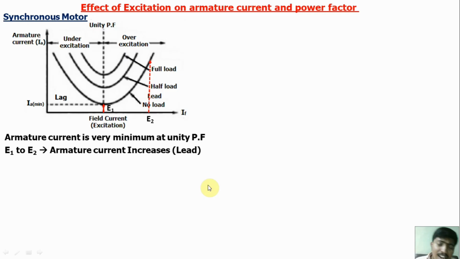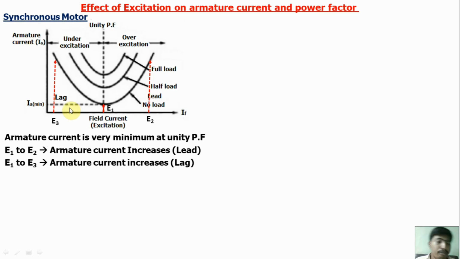When the excitation decreases from E1 to E3, the armature current increases, lagging power factor. So at unity power factor, the armature current is very minimum. When the excitation increases from E1 to E2, or decreases from E1 to E3, the armature current increases.